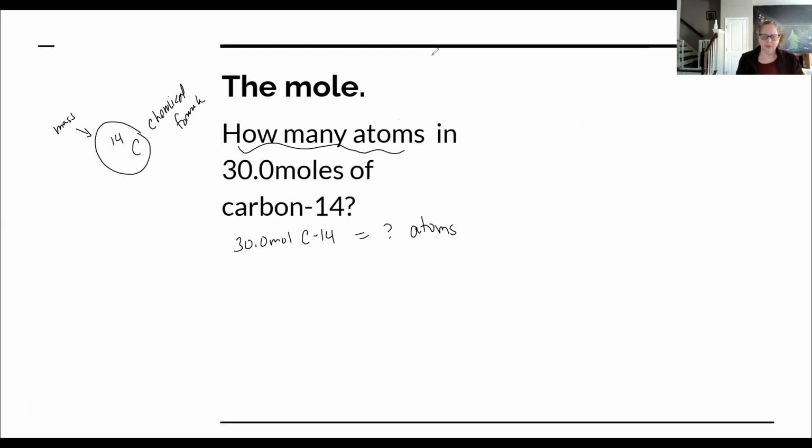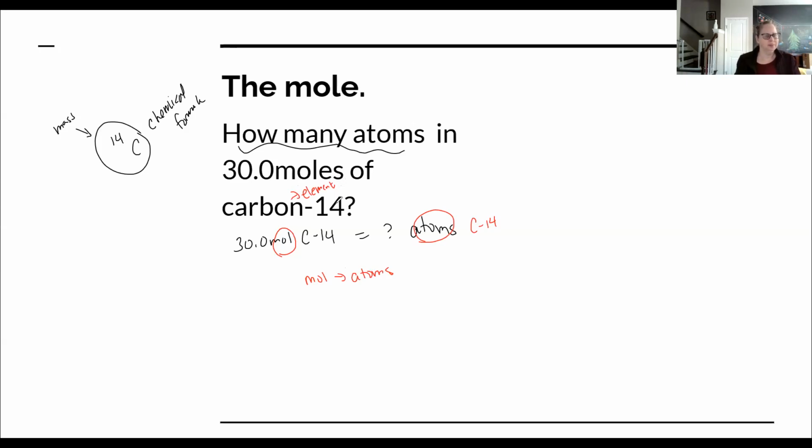So in this case, we are going from moles to atoms of the same structure. They're both carbon-14. So we're just going to have one unit conversion because carbon-14 is an element. It's an isotope. Yep, it's carbon-14 instead of carbon-12, but it still works the same way.